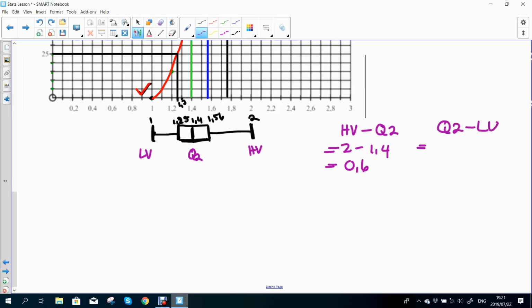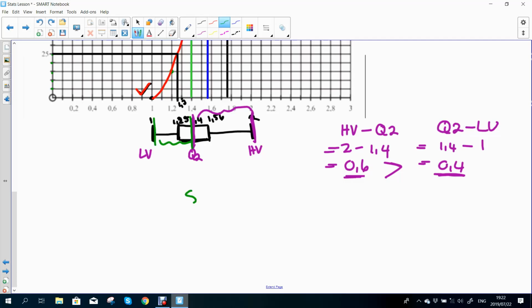So my middle is 1.4, my lowest value is 1, and if I work that out, I get 0.4. And what you want to check is which one is bigger. You can clearly see that the right hand side difference is bigger than this difference.